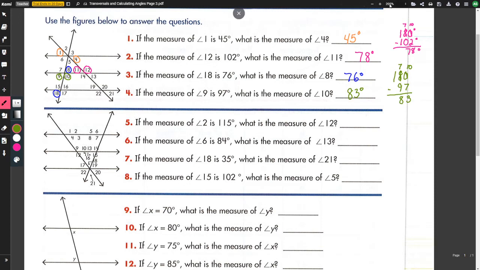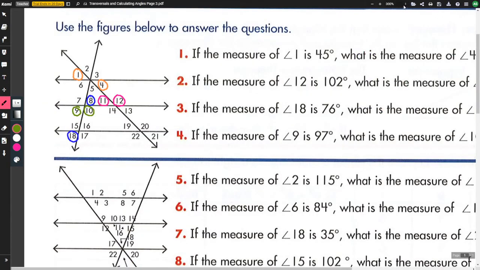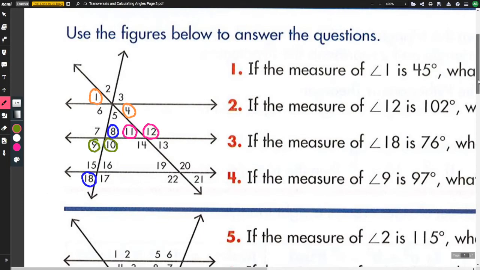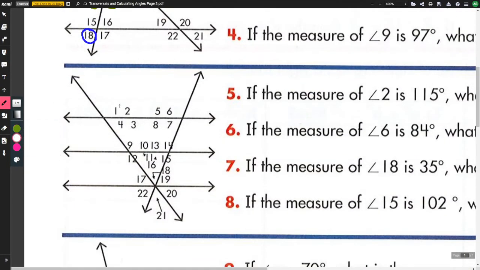What we can do is zoom in, white out these numbers, and rewrite them here.